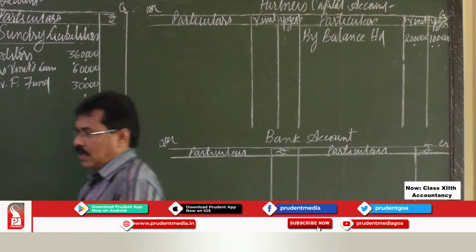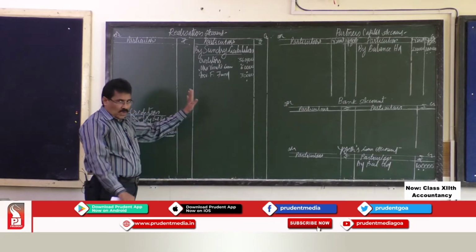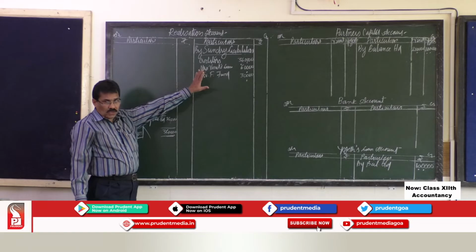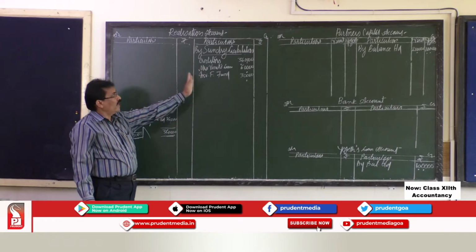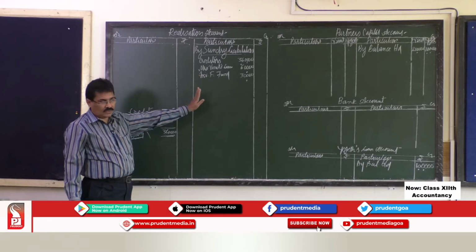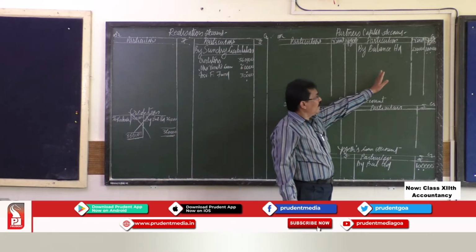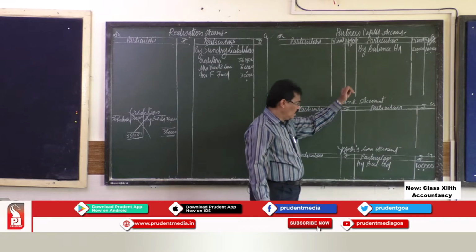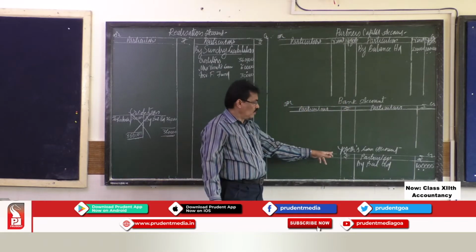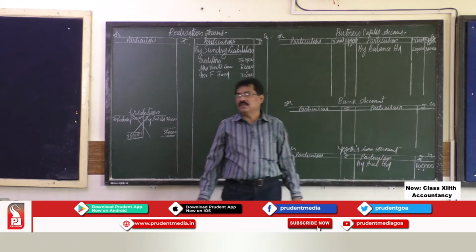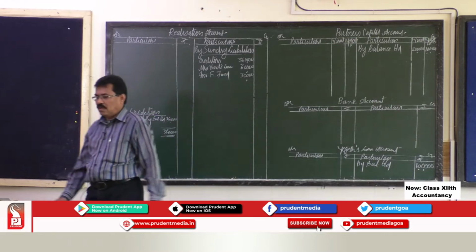So, what we did here? We closed all the external liabilities accounts by transferring to realization account. Partners capital balance, we transferred to partners capital account, and partners loan we transferred to partners loan account.